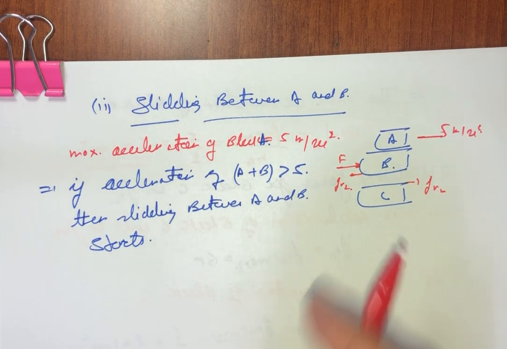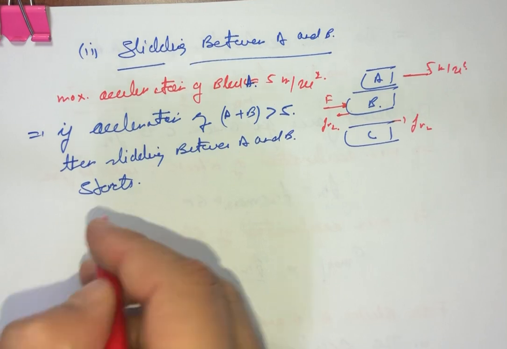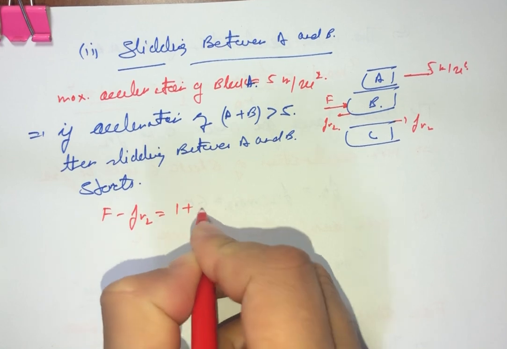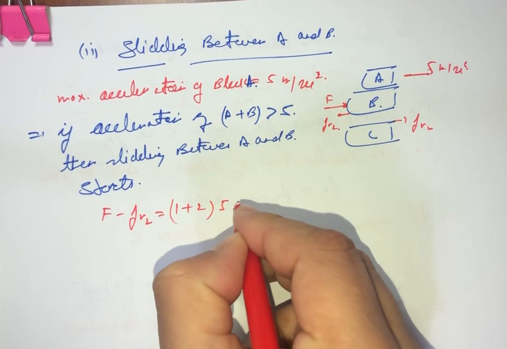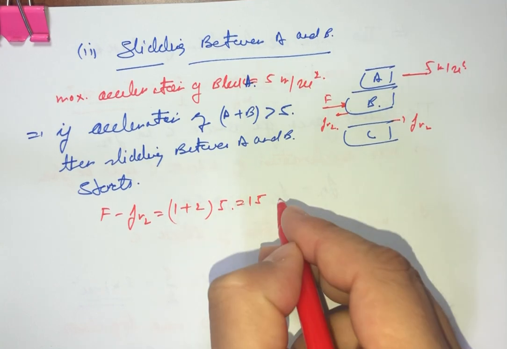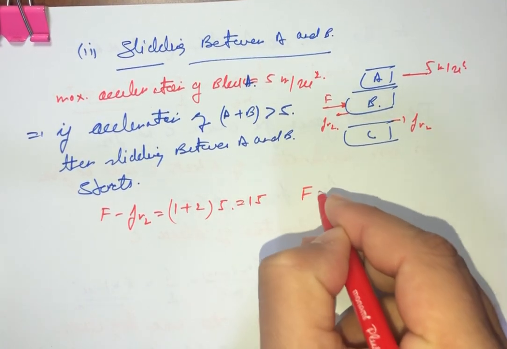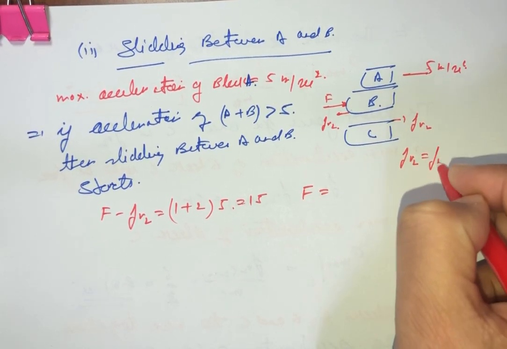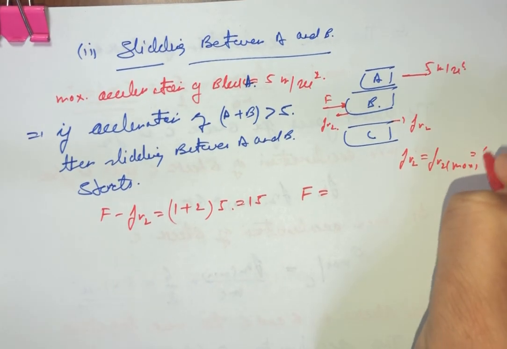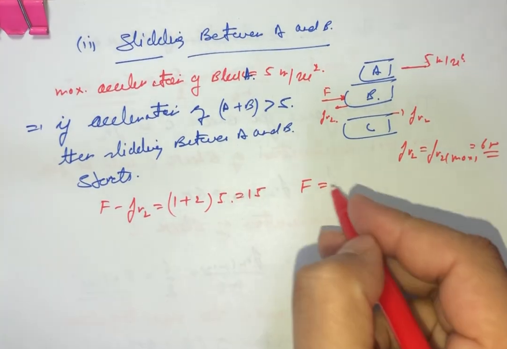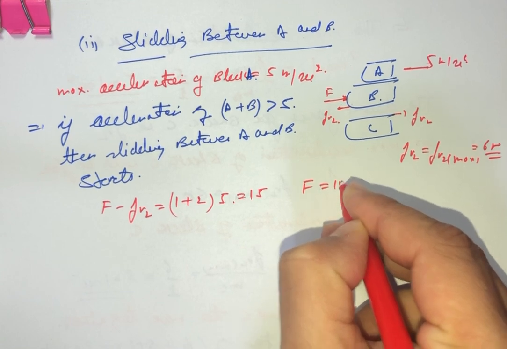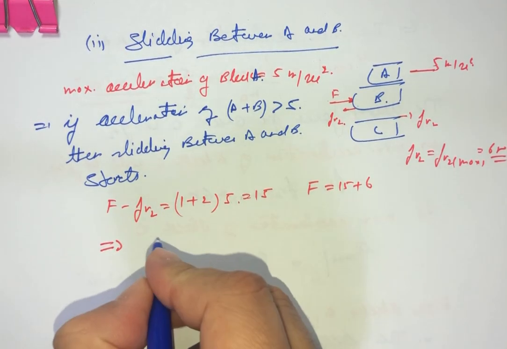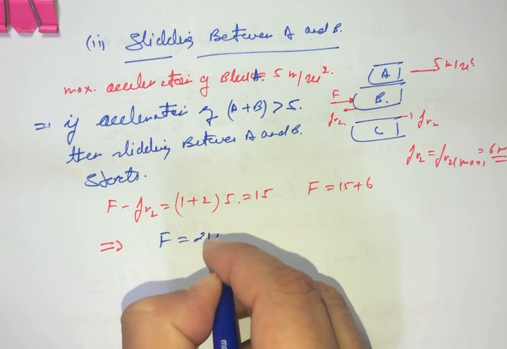Based on this, we can write the equation that F minus Fr2 will be equal to 1 plus 2 multiplied by 5. This comes equal to 15 Newton. And from here Fr2 is equal to Fr2 max, and its value is 6 Newton. So F will be equal to 15 plus 6. So the value of applied force is 21 Newton.